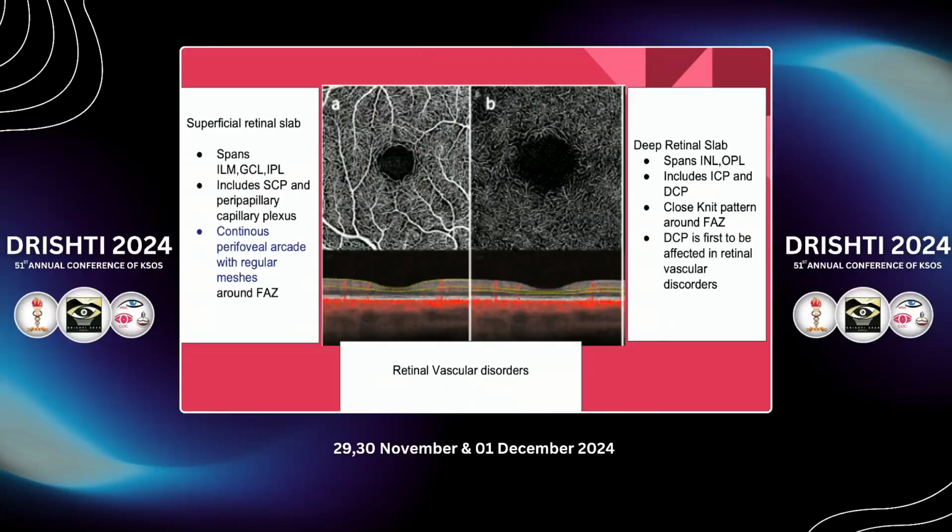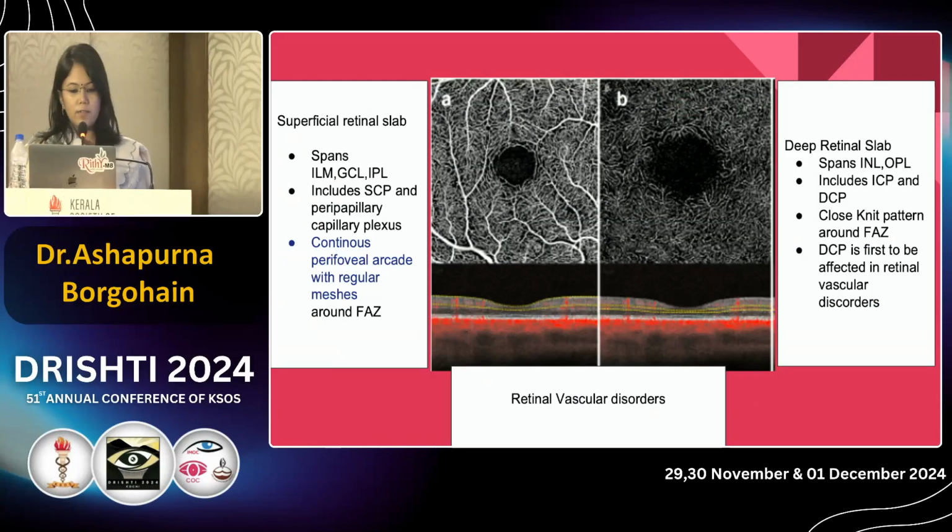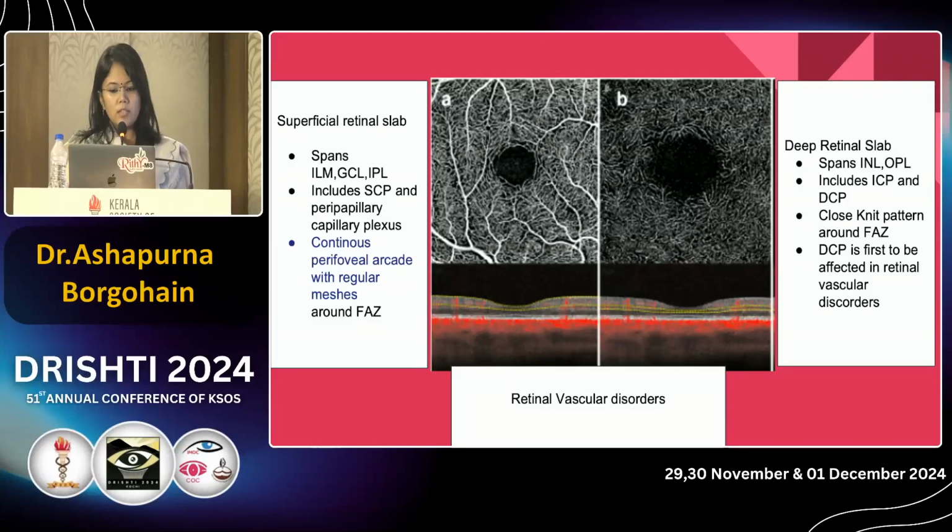This is the normal appearance of the superficial vascular plexus and the deep vascular plexus. These 2 vascular plexuses are most commonly involved in retinal vascular diseases. In fact, OCTA is the only modality which can visualize the deep capillary plexus, which is the first to be affected in many vascular disorders.